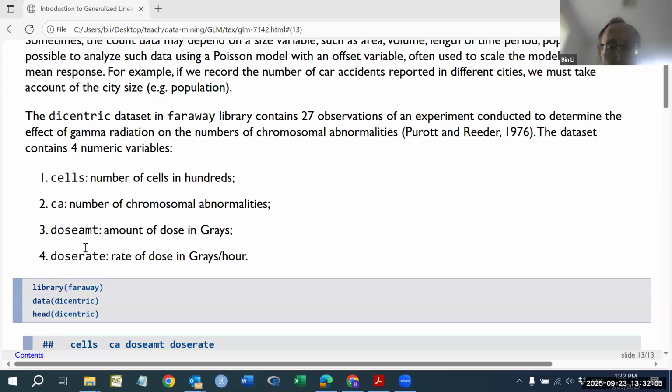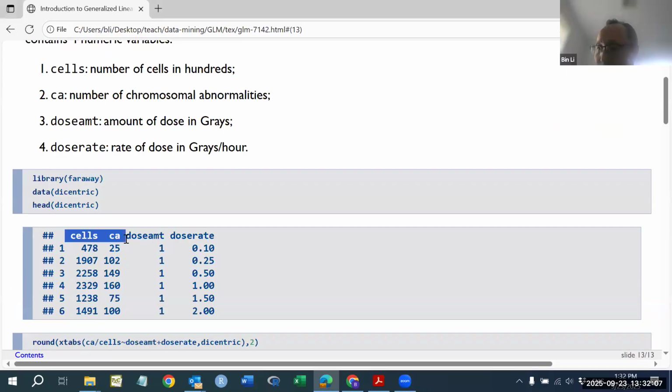So we have the cells, that's the number of cells in the hundreds. And the CA is the chromosome abnormalities that happened. And the dose amount and the dose rate. These are the two treatments that we are focusing on.